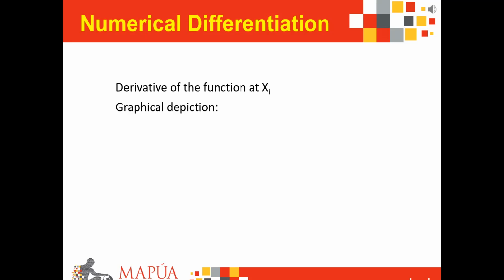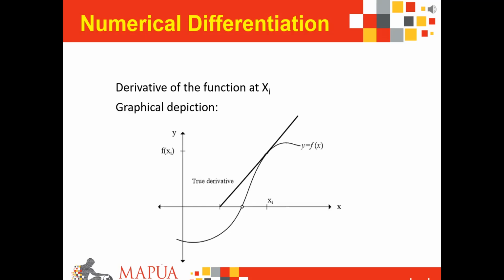The derivative of your function can be graphically depicted by substituting the value xi to your given function, thus giving you a value f(xi), and obtaining a line tangent to that given function at f(xi). The slope of this particular tangent line represents the true derivative value of your given function at xi.